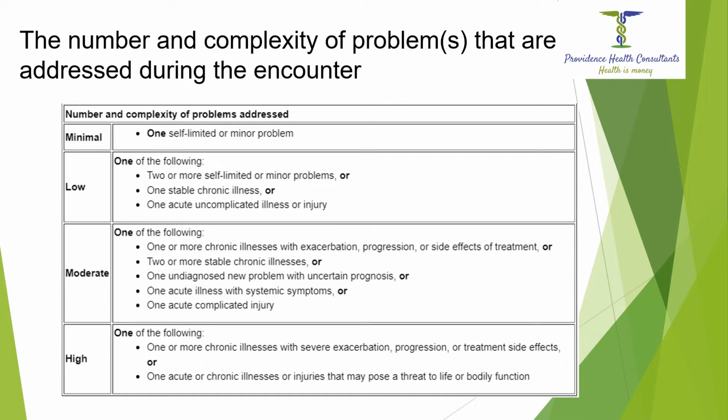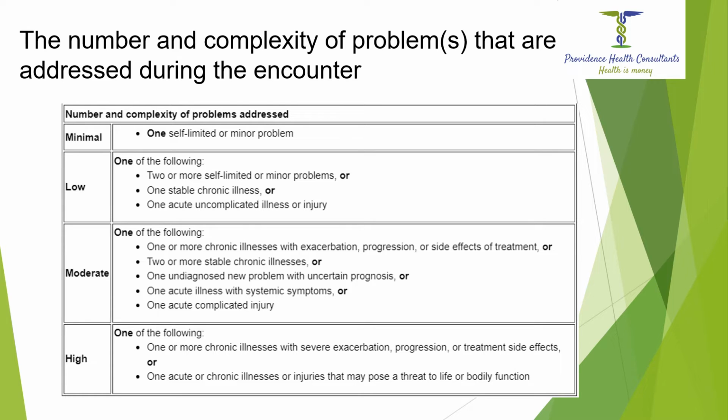And if it needs to be moderate, then the patient should have one or more chronic illnesses with exacerbation, progression or side effects of treatment, or two or more stable chronic illnesses, or one undiagnosed new problem with uncertain prognosis, or one acute illness with systemic symptoms, or one acute complicated injury.